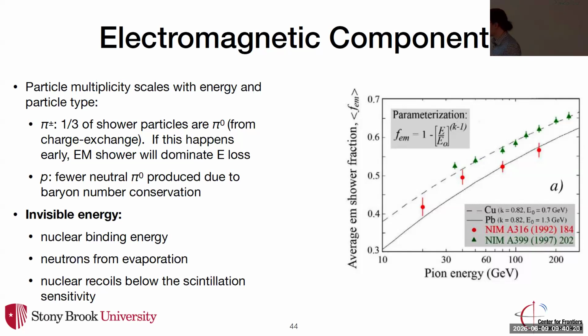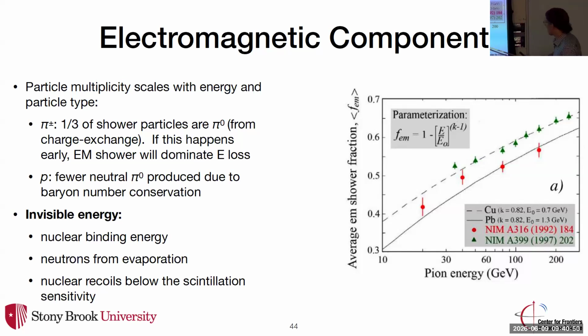So if that first collision event transformed our pion into 2 photons, now we just have an electromagnetic shower. Or any other version, if we started with a proton, it doesn't tend to make pi zeros due to baryon number conservation. So we make pi plus, pi minus pairs, but we don't make pi zeros. And that means that we have hadronic energy that continues to stay hadronic.